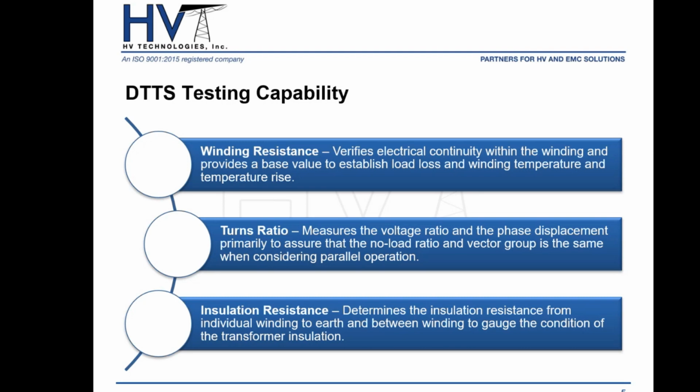You'll be able to do turns ratio to verify your voltage ratios and phase displacements. You'll also be able to do insulation resistance measurements to determine the insulation resistance from winding to earth or between windings, and that'll help you gauge the condition of the transformer.